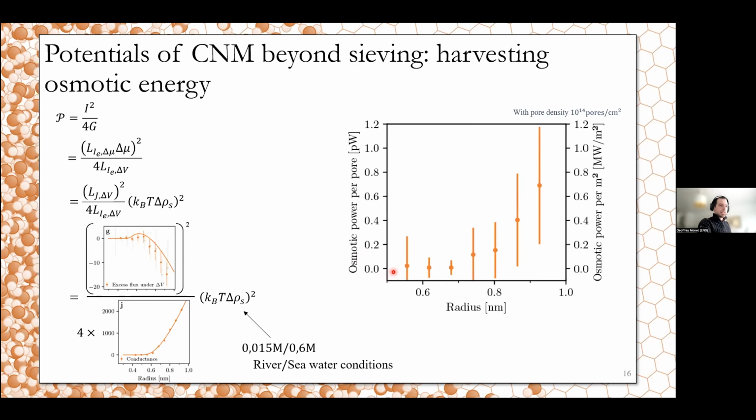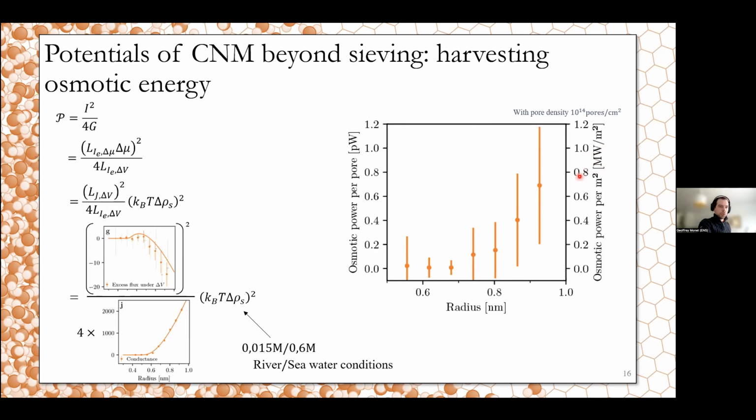Here you have the extrapolated osmotic power that increases with the radius of the nanopore and reaches considerable values, in the range of megawatts per square meter.